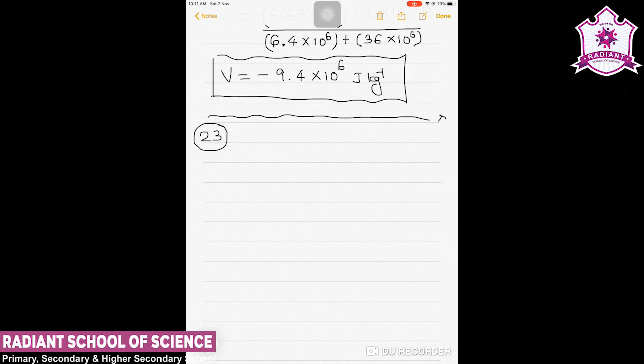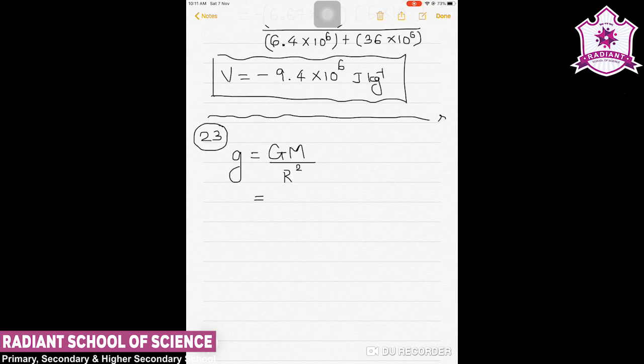So now we find the acceleration due to gravity. G is equal to G, then capital M, the mass of the star, upon R square, where R is the given distance, 12 kilometer.